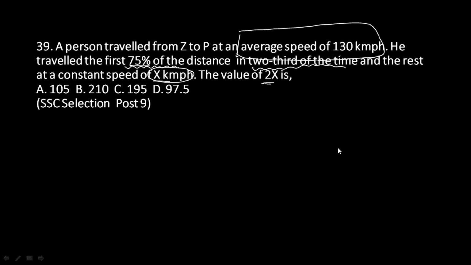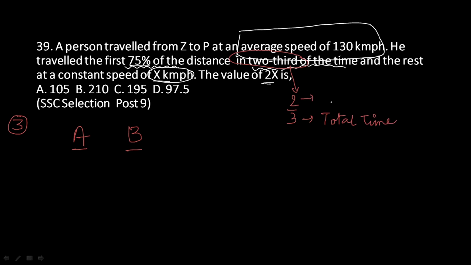Look at it carefully. It says 2/3, right? So for time, if the two parts are a and b, one is 2/3, so the total is 3. This 2 part is covered in the first part.